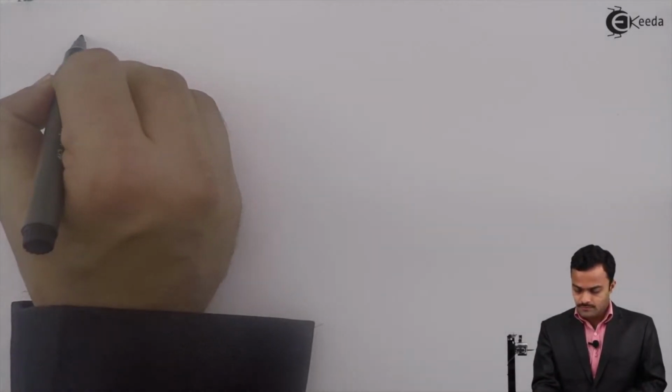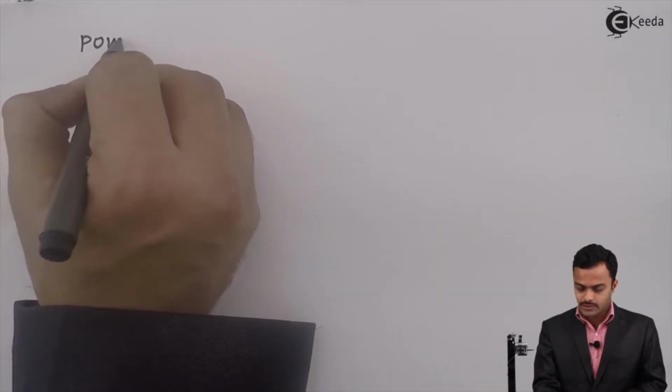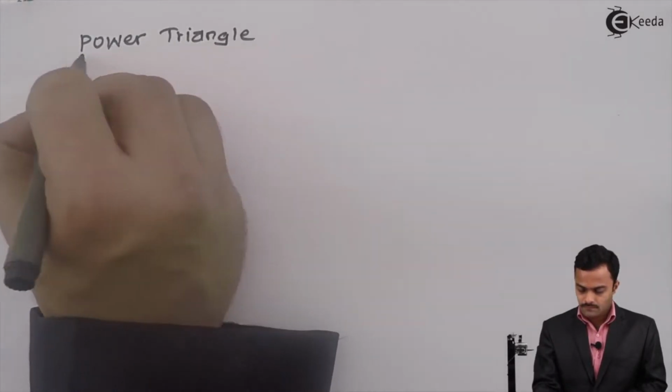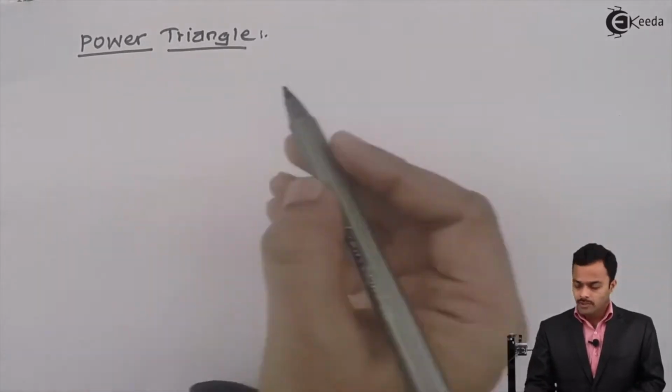Now what they have given is P and Q and it's an inductive circuit. So let's draw power triangle first, because once we draw power triangle, rest of the parameters we will obtain very easily. So power triangle for inductive circuit will be like this.